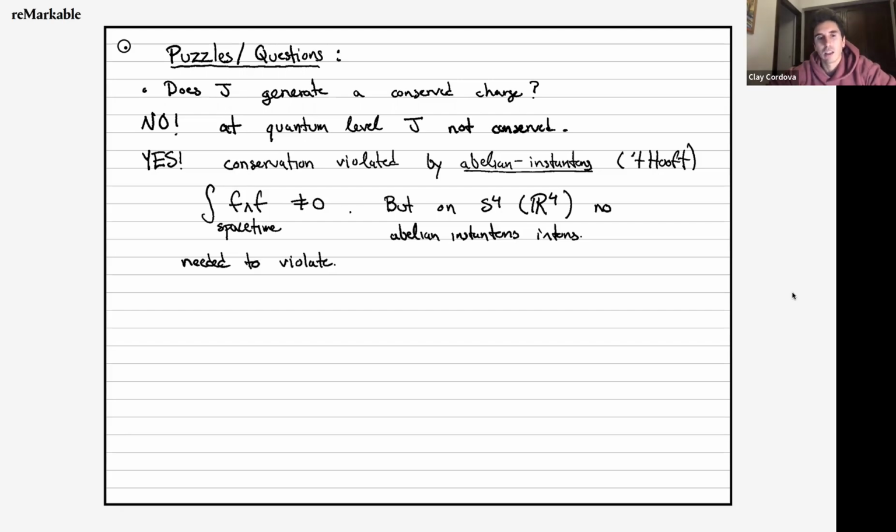And the fact that S4 doesn't have sufficient topology to activate the integral of f wedge f means that the answer is yes, those selection rules hold for local operator correlation functions. I see. So you're saying the local operator correlation functions on S4 always satisfy the selection rule. Yeah. Okay. Thank you, Clay. And on T4 clearly it can be violated, right? On T4, it can be violated.